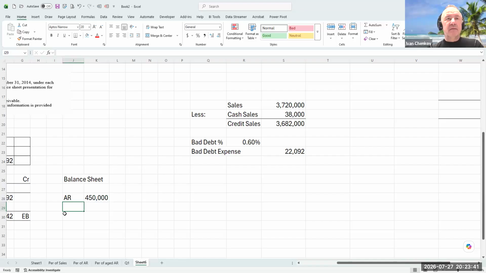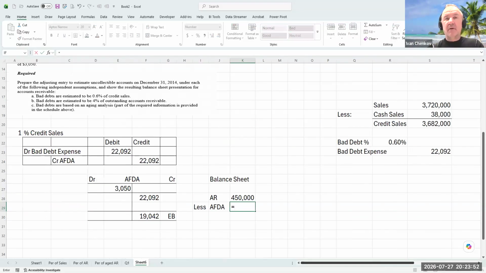And then we're going to have less allowance for doubtful accounts, which is in this case negative $19,042.